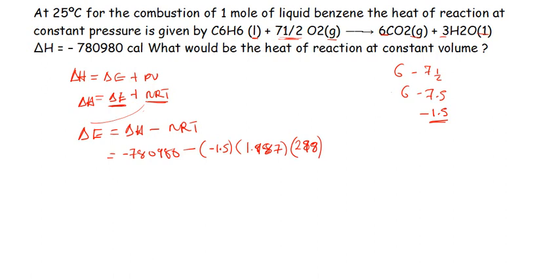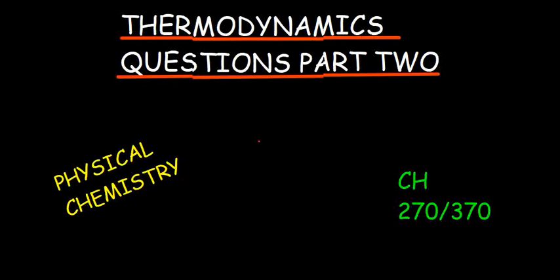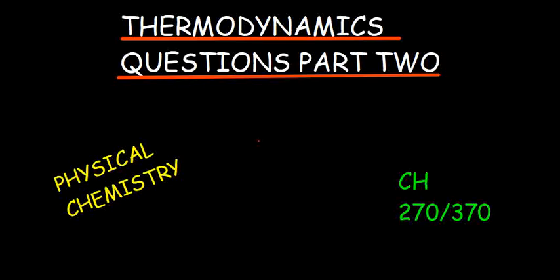So from there, when you punch that on your calculator, you are going to get negative 78,008.6 calories. This is the answer that you're supposed to get. So that is it. You just need to master these guys. All right.